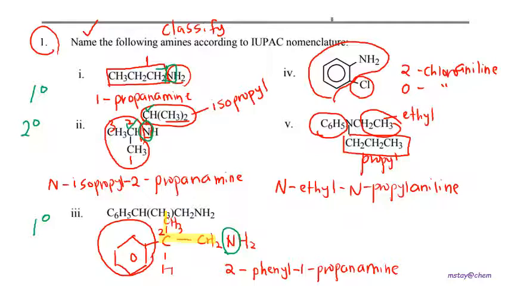For the fourth and fifth structures, the nitrogen is bonded to the benzene ring, so both of them are aromatic amines. This nitrogen is bonded to 1 carbon, so it's a primary aromatic amine. This nitrogen is bonded to 1, 2, and 3 carbons, so it's a tertiary aromatic amine.